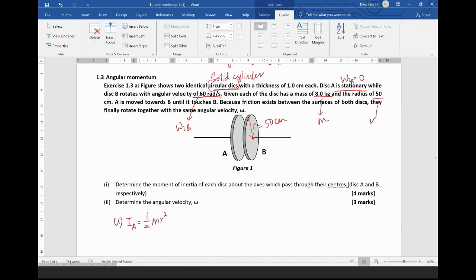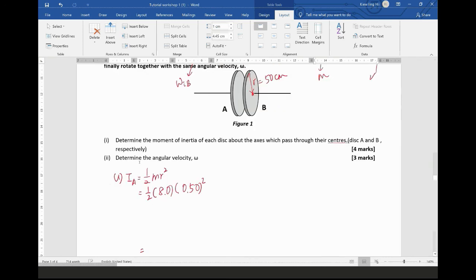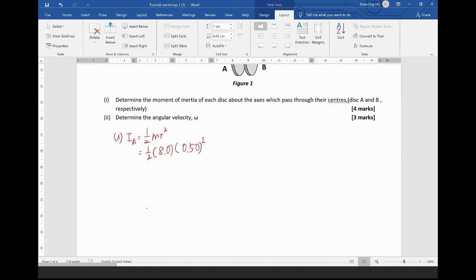So half, the mass used now is 8 kg. Radius 50 centimeters, converted to SI unit is 0.5 squared. So 1.0 kg meter squared.